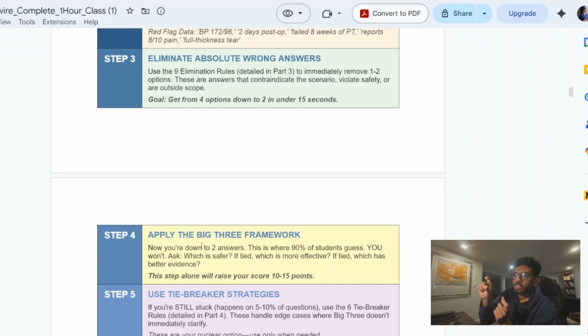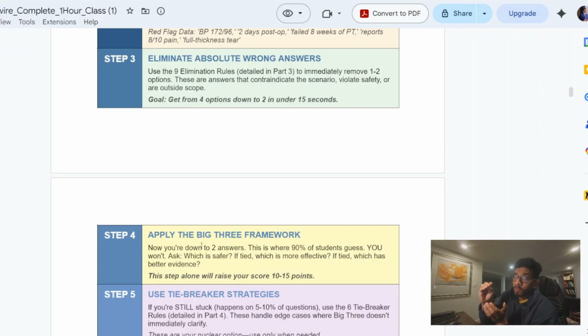So that's the last 2-answer trap, where both look like pretty good answers, right? They both can be the right answer. Now you see which is safer between the two. If they become tied, you see which is more effective, and if still tied, which has more evidence. You see that?